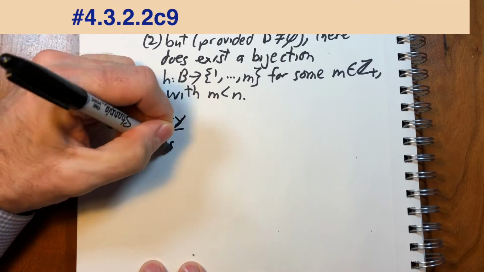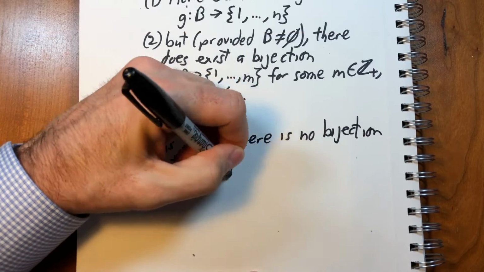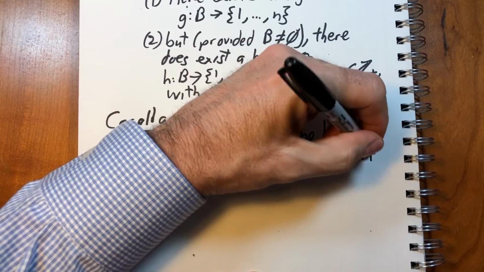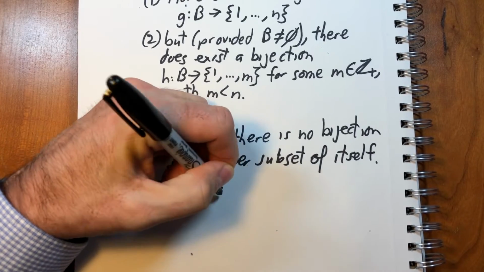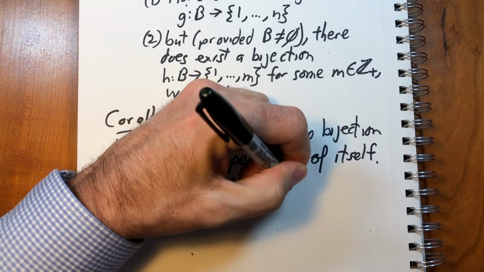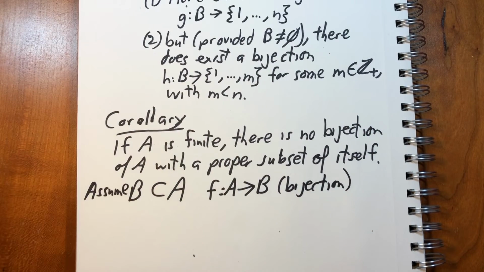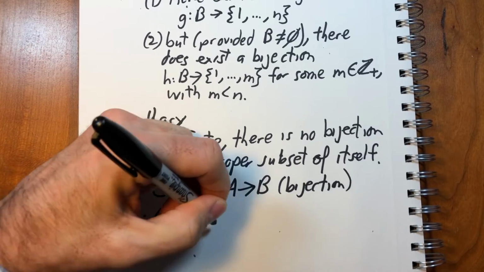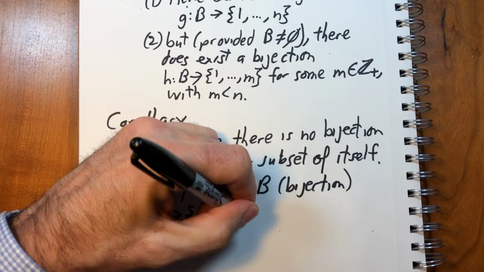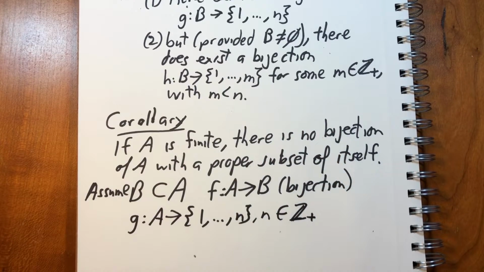If A is finite, there is no bijection of A with a proper subset of itself. So assume the opposite. Assume that B is a proper subset of A and that there exists some f from A to B that is a bijection. By assumption, there's a bijection g from A to some section of natural numbers because A is finite, and that's what finite means.